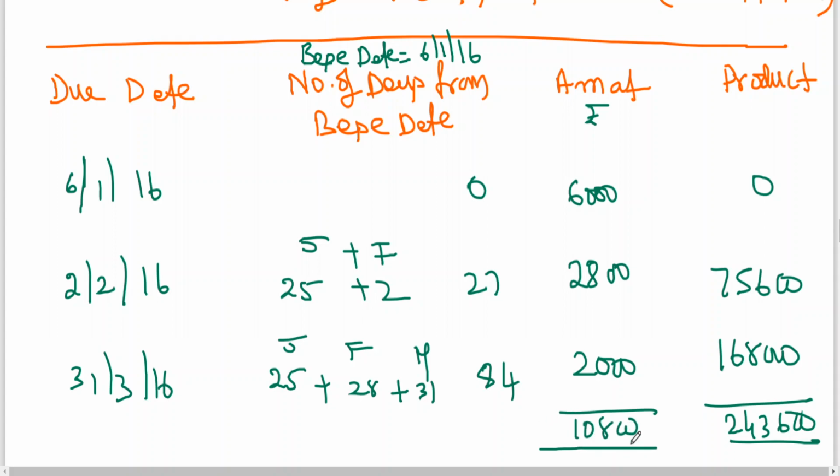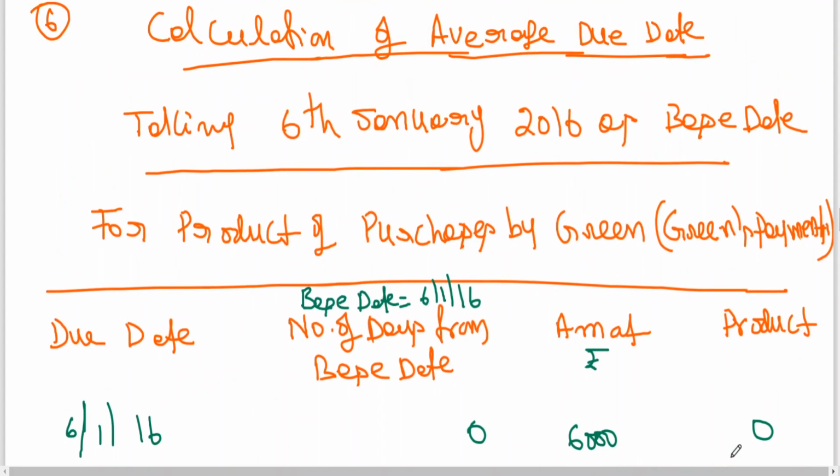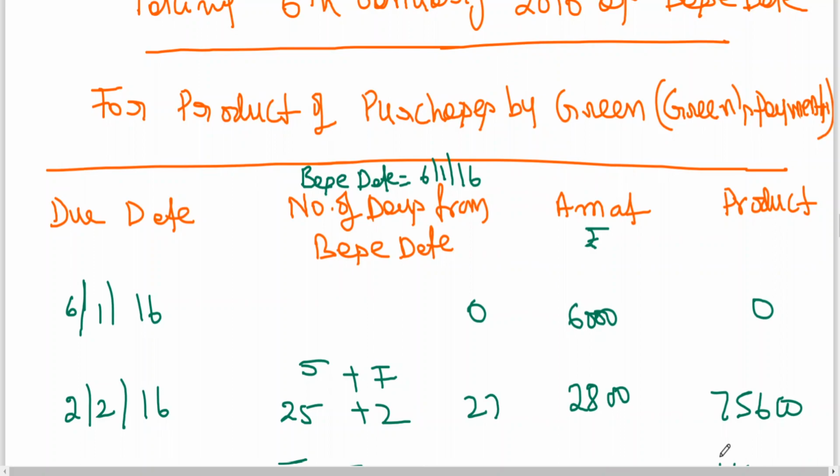Similarly, I have to go for the heading which I have written here, for product of purchases by Green.